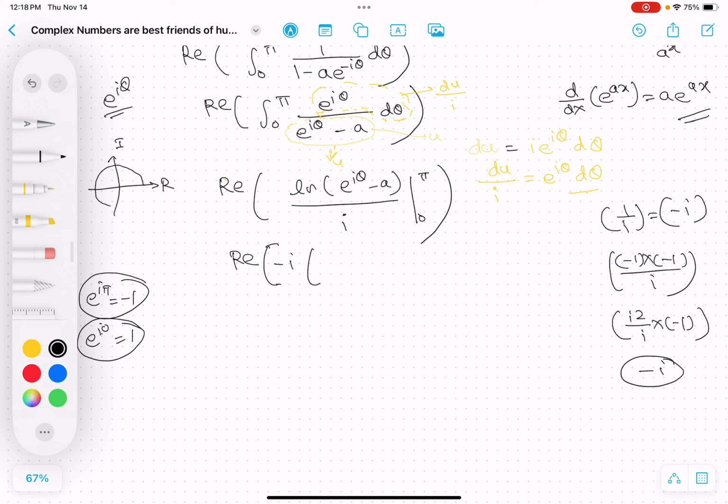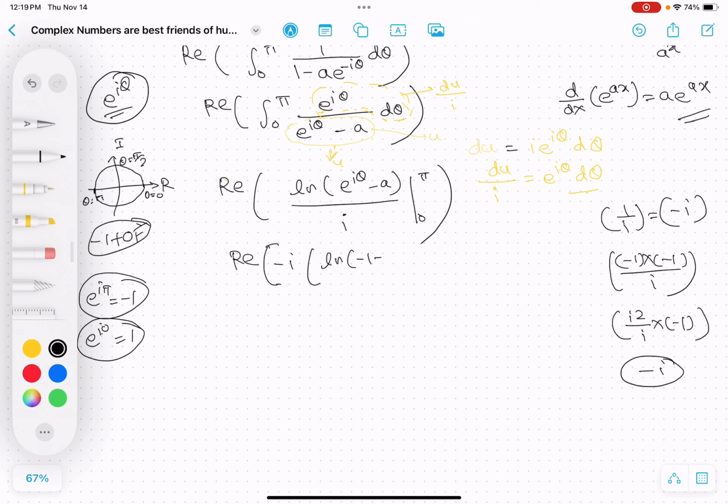You can see that this is 1 when theta is equal to 0, i when theta is equal to pi by 2, and minus 1 when theta is equal to pi. This is the graph that this function traces out for different values of theta. So clearly for pi, the value is real part minus 1 plus 0i. So 0i, no need to write that, so it's just minus 1, right?